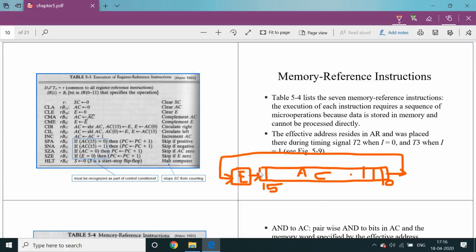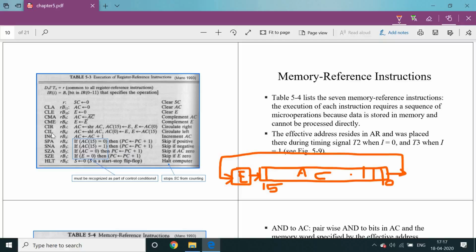Then shift right, SHR: every bit is shifted one bit to the right. Accumulator 15th bit goes to 14th, 14th to 13th, 13th to 12th, and so on, accumulator 1 goes to position 0, and accumulator 0 goes to the E bit.